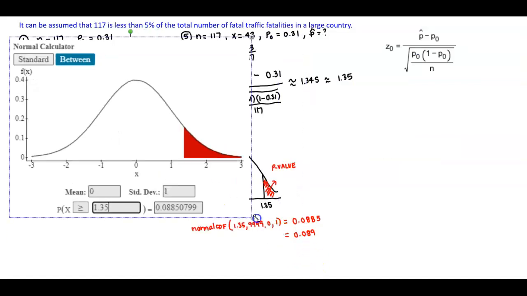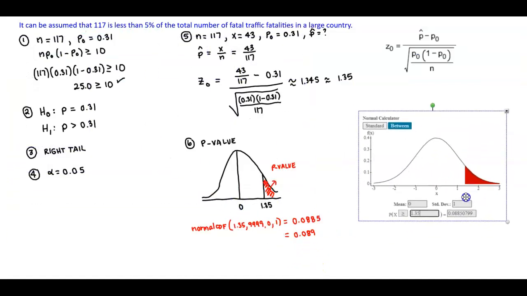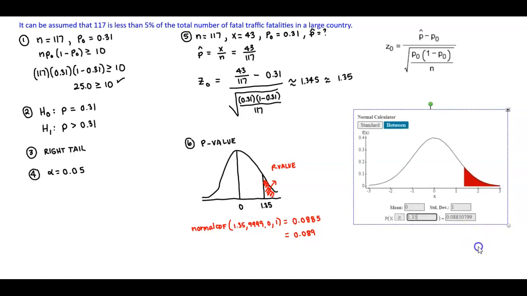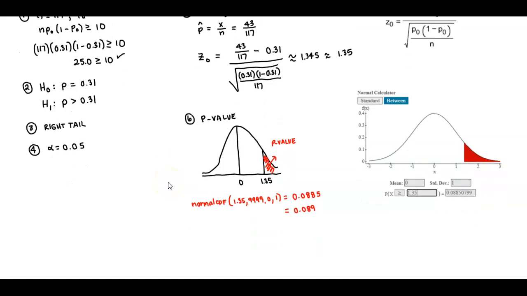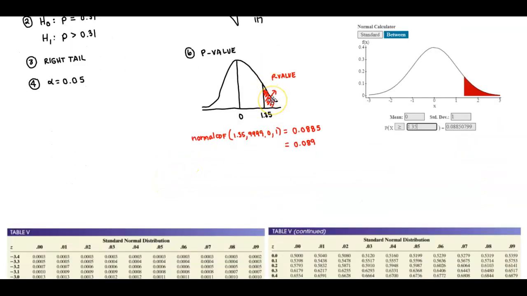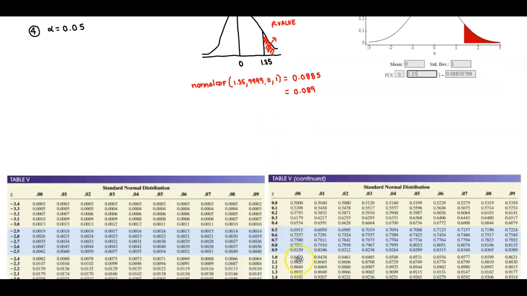Now, you could also use the table of z-scores, if you would like, as we've done in the past. Recall that if you wanted to use the z-score table, this is the area to the right. So if we take a look at 1.35, here is 1.3, and then 5.